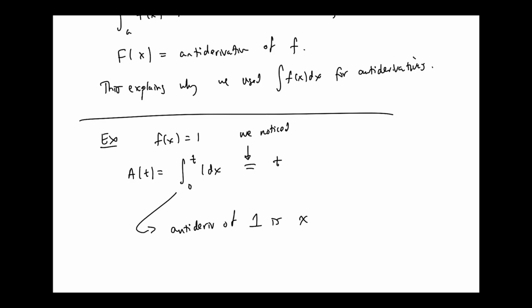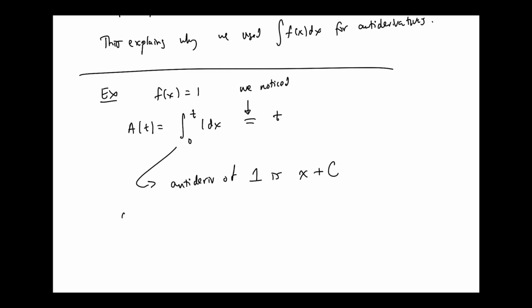Now, could I have written a plus c there? Should I have written a plus c there? Technically, yes, but in this particular case, we'll see in a minute why it's not necessary. So let me write that. Now let me define a new notation.